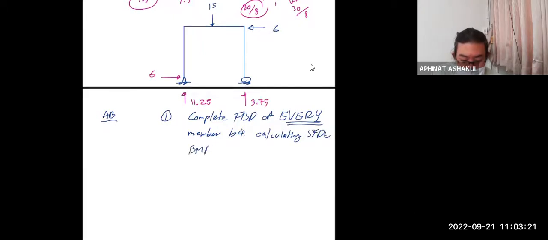But that too, complete shear force diagram of every member before you do the bending moment diagram. But once you have the free body diagram installed, the rest should be piece of cake.